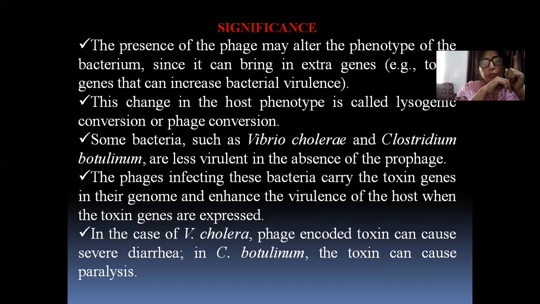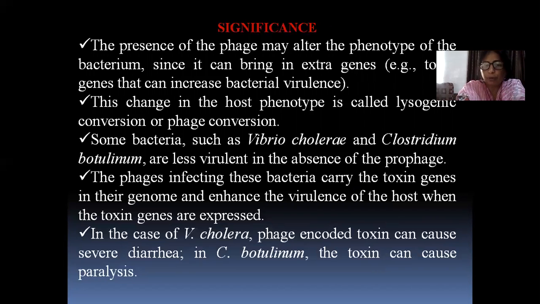But if the phage DNA is present along with the bacterial DNA, the disease-causing factor increases in these bacteria. The phages infecting these bacteria carry the toxin genes in their genome and enhance the virulence of the host when the toxin genes are expressed.